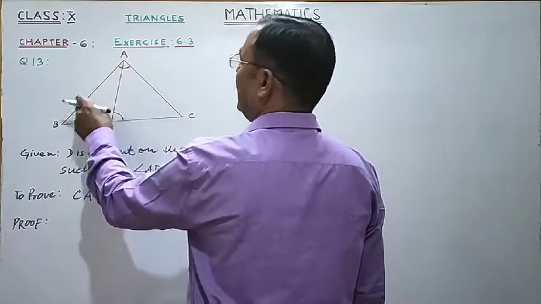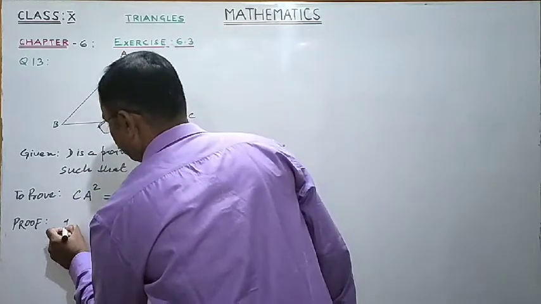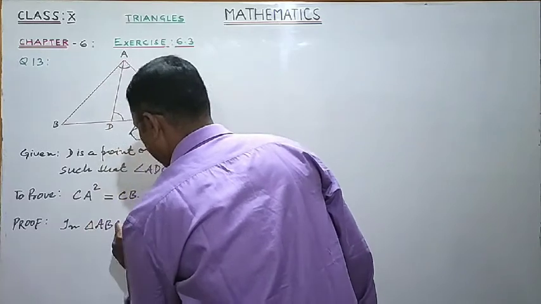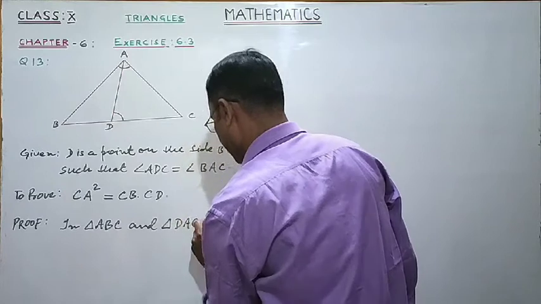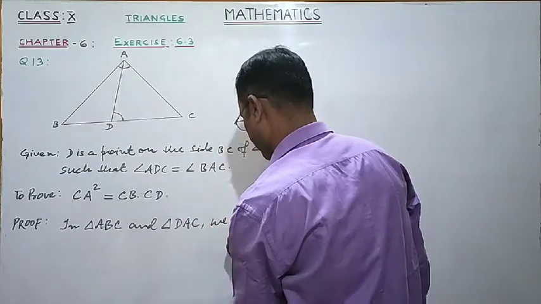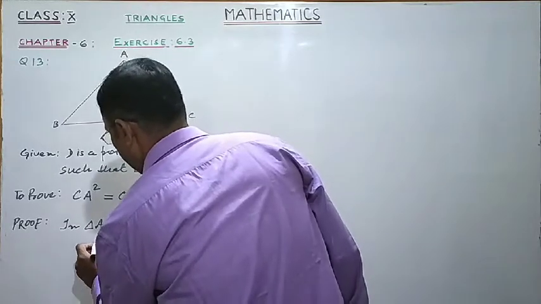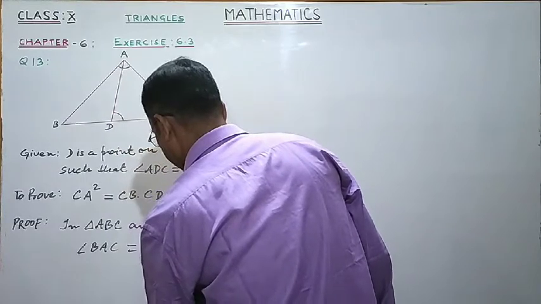In triangle ABC and triangle DAC, we have angle BAC is equal to angle ADC.